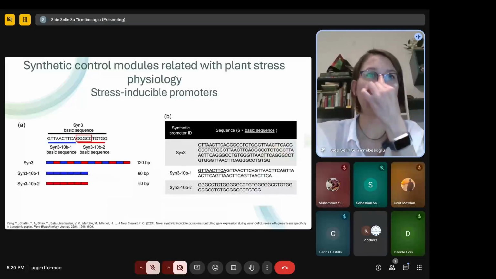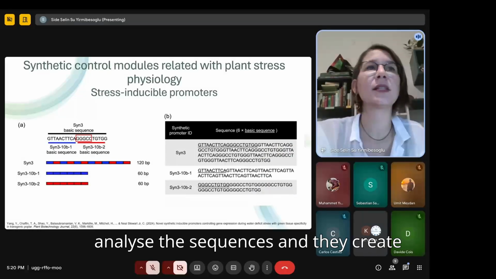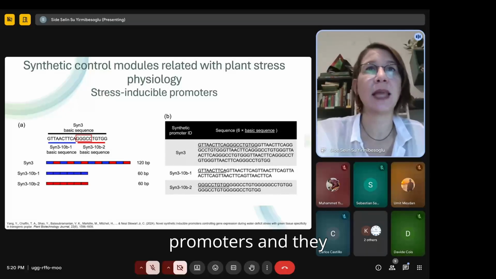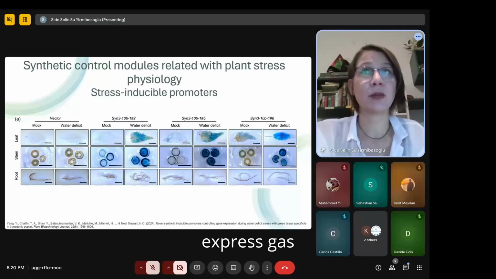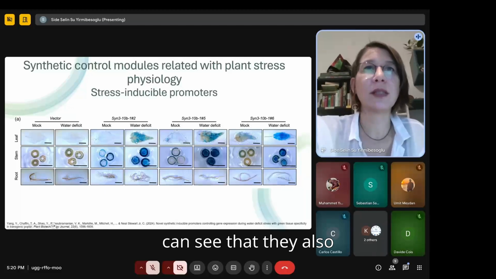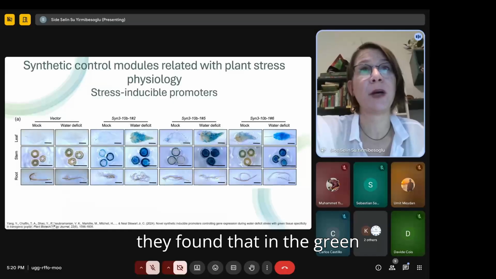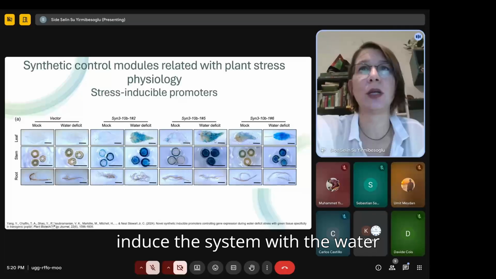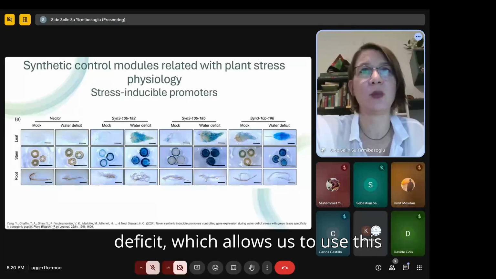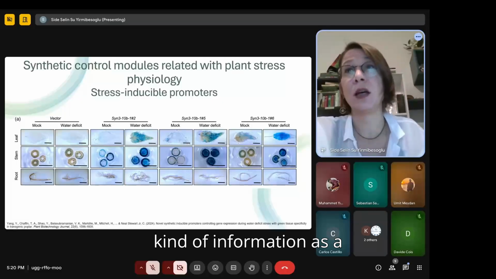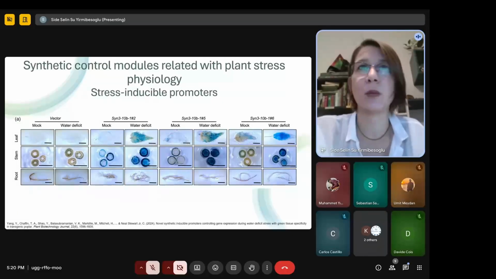Here they analyzed the sequences and created two different kinds of synthetic promoters, and they did GUS histochemical staining with them. You can see that in the green part of the plants they can induce the system with water deficit, which allows us to use this kind of information as water deficit sensors, for example.